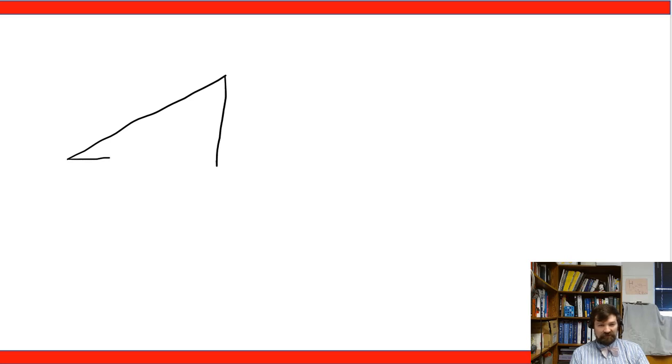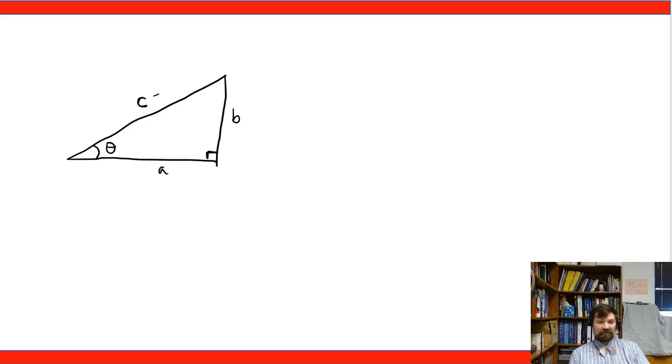So here's our triangle, and one of the angles is a right angle. So this angle is 90 degrees. I'm going to, for convenience, label this angle as theta. I'm going to label these sides as A and B, and this one as C.